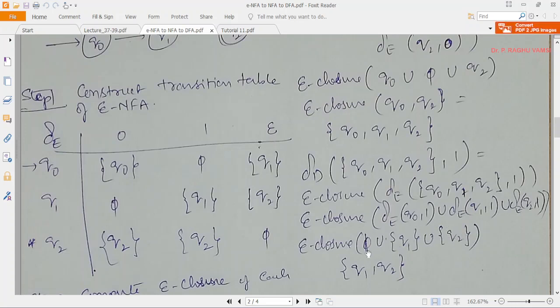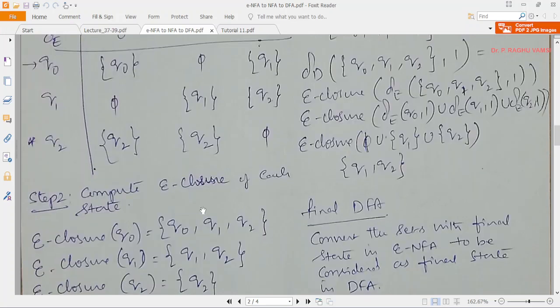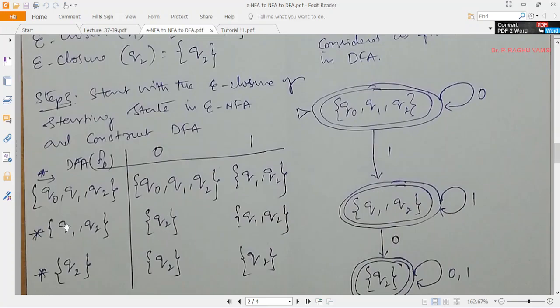Now empty set union Q1 union Q2 gives {Q1, Q2}. Now epsilon closure of {Q1, Q2}: epsilon closure of Q1 is {Q1, Q2} union epsilon closure of Q2 is Q2. Anyhow it is a union, so {Q1, Q2} is the resultant value. Thereby {Q0, Q1, Q2} upon 1 is going to {Q1, Q2}.